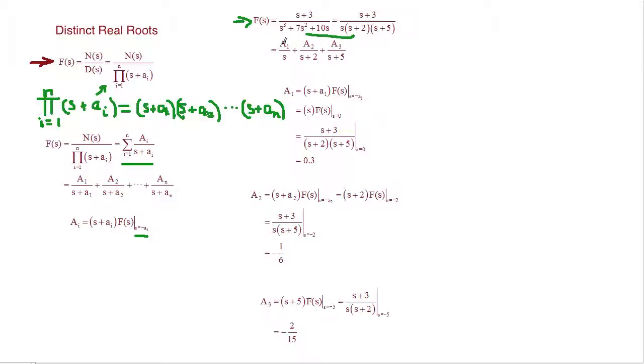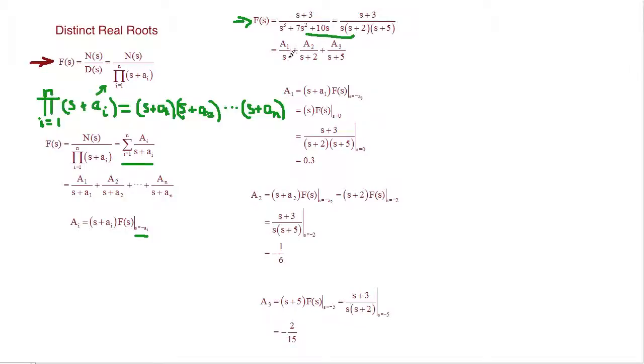We want to write it like A1 over s, plus A2 over s plus 2, plus A3 over s plus 5.